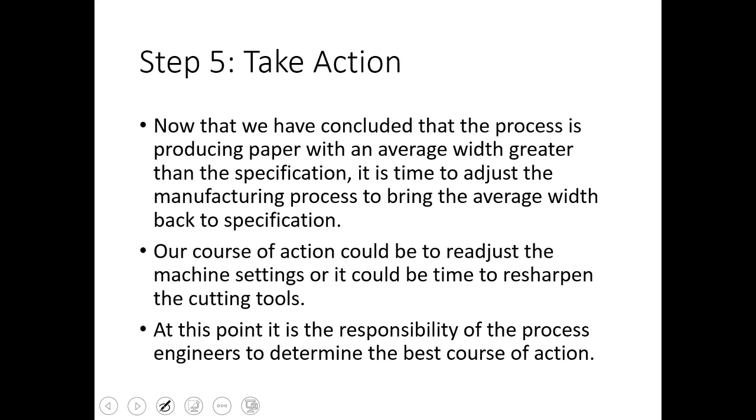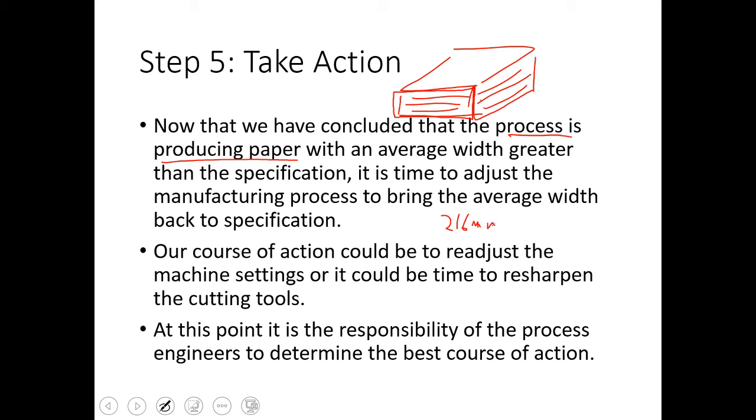So that means this paper producing process has some problem. If we continue to produce this laser printer paper using this process, then the paper width is always larger than our benchmark value of 216 millimeter.